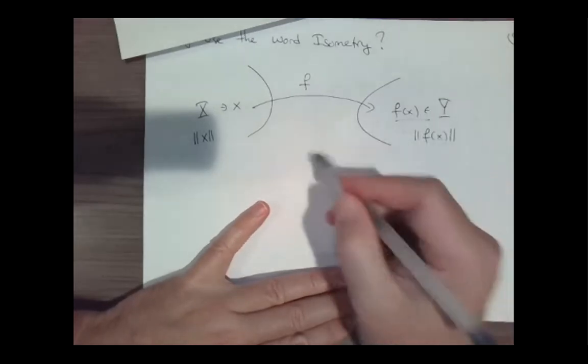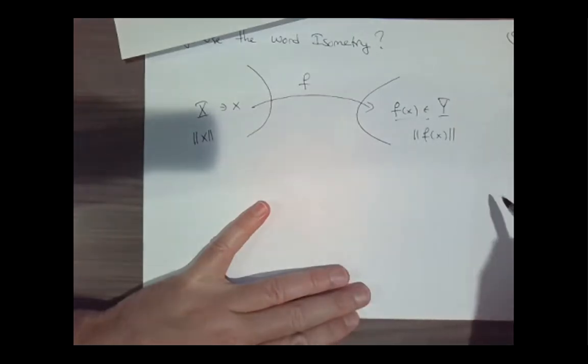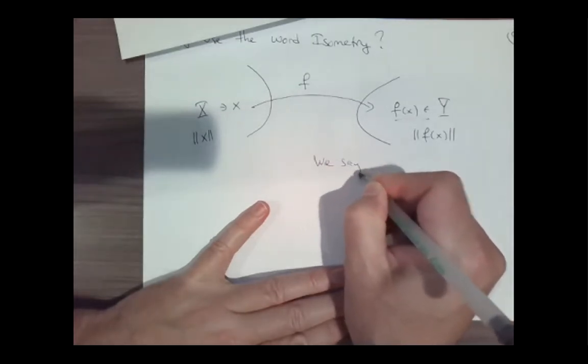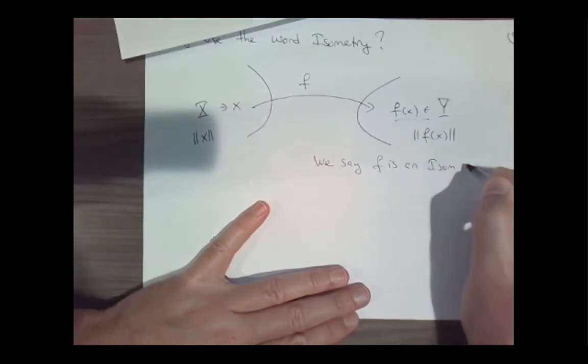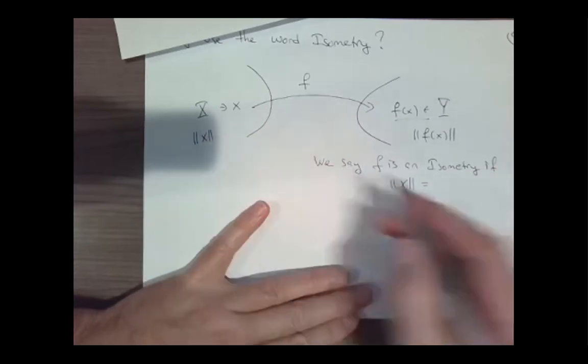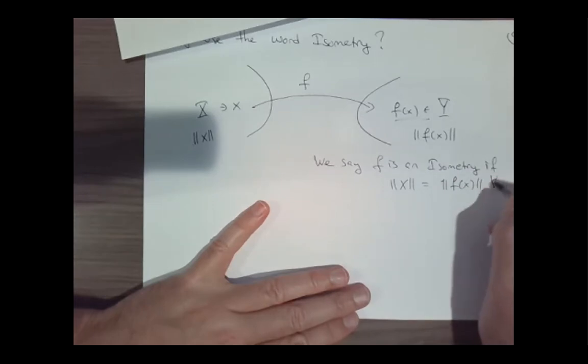I'll call it an isometry if f preserves length. So we say f is an isometry if the length of x in the domain is the same as the length of f of x in the codomain, for any x in X.